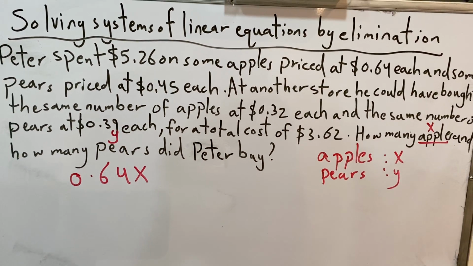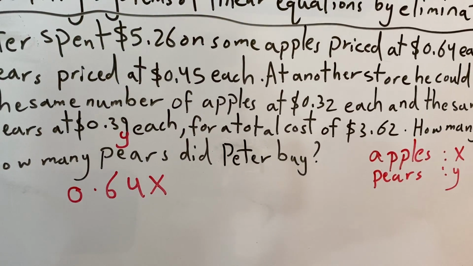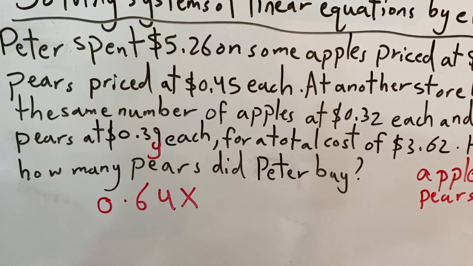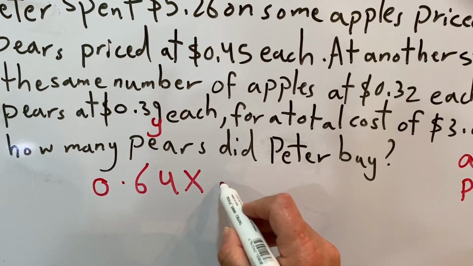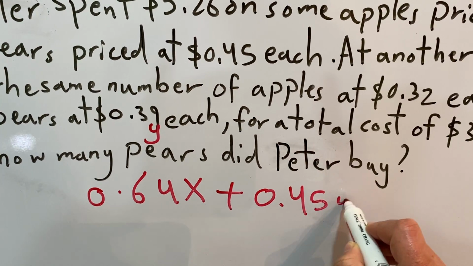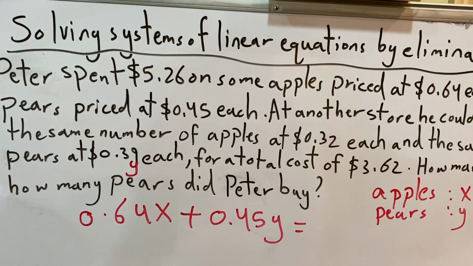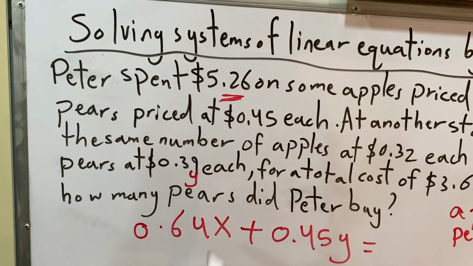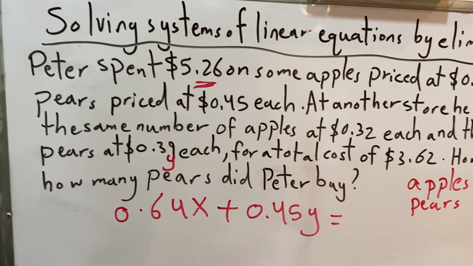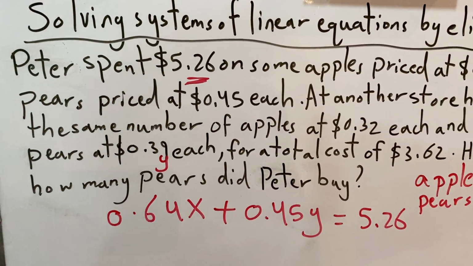And the pears priced at 0.45 each, which I call Y, so plus 0.45y equals the total amount that he paid. He spent $5.26 in total. Now this was in the first shop.